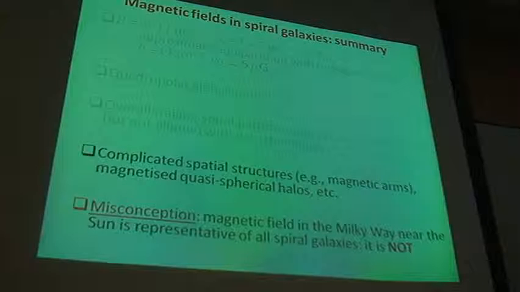This is not a typical field strength in spiral galaxies. I would say that typically the large-scale magnetic field in spiral galaxies is of the order of 5 microgauss, a factor of 2 or 3 stronger than this. Another misconception: when we discuss the dynamo models for magnetic field, we shall derive the growth rate, the e-folding time of the large-scale magnetic field near the sun.